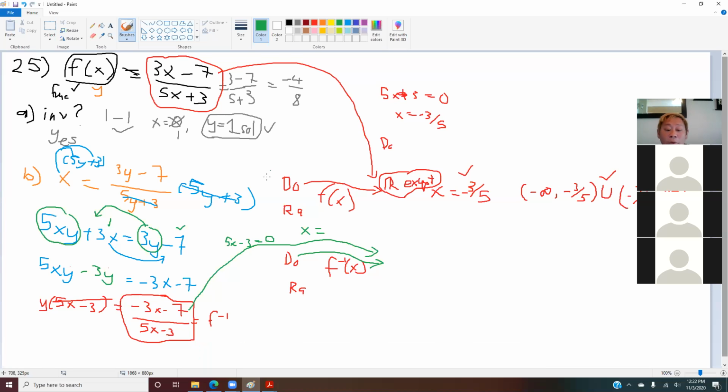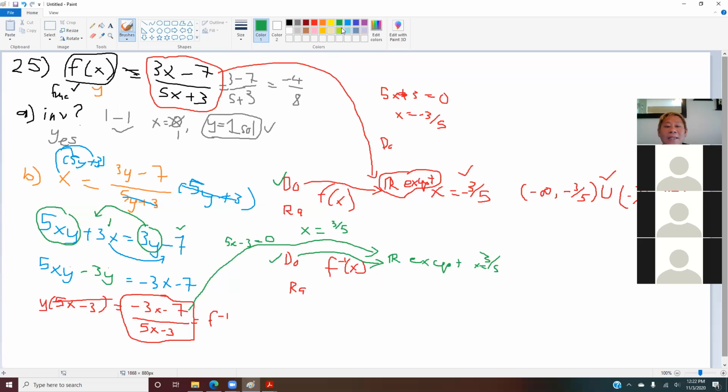Positive 3/5. Yep. So your domain will be all real numbers except 3/5. It's the same as this, you just change the negative to positive 3/5. So we found the domain for the function and the domain for the inverse function.